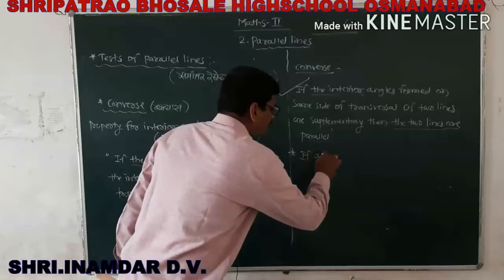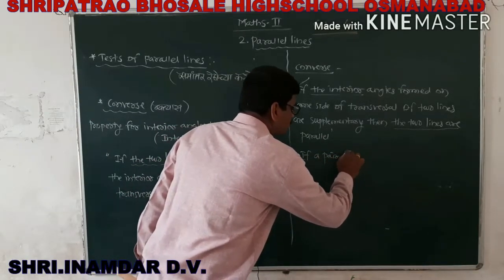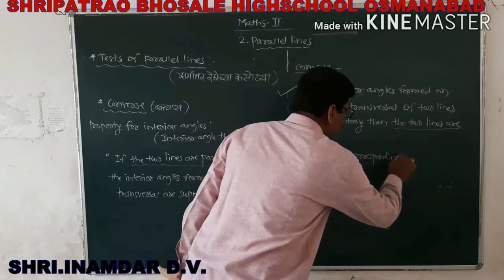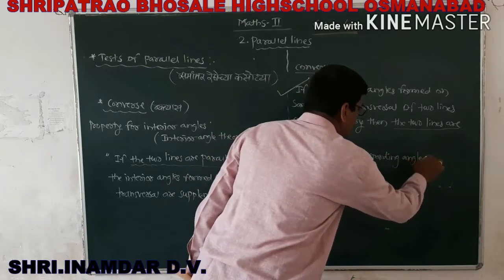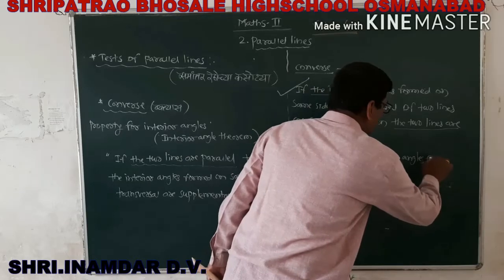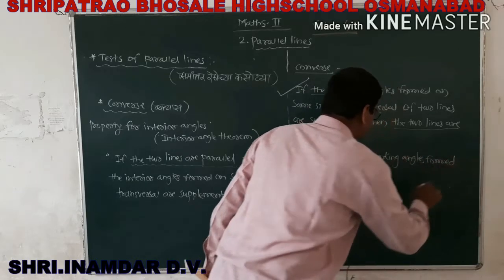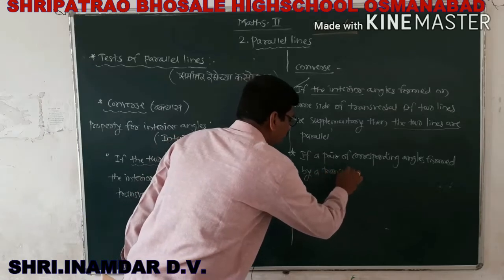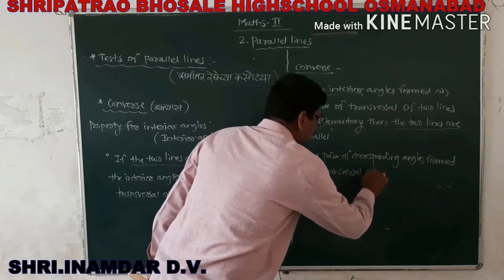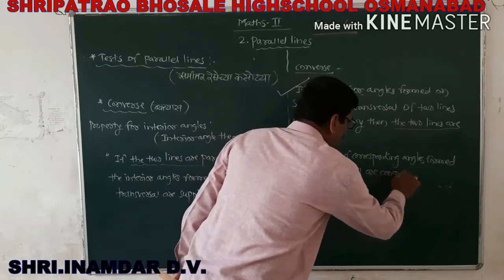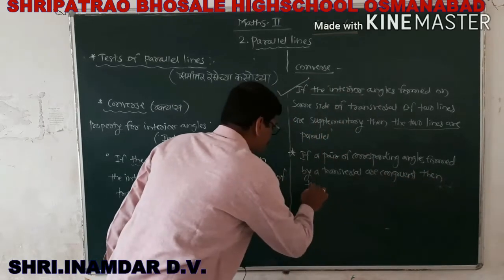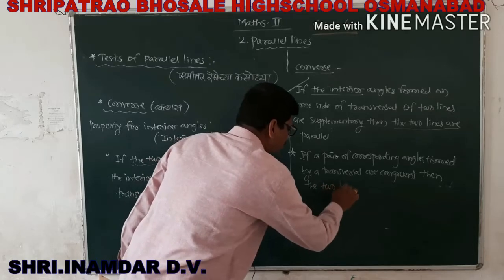If a pair of corresponding angles formed by a transversal are congruent, then the two lines are parallel.